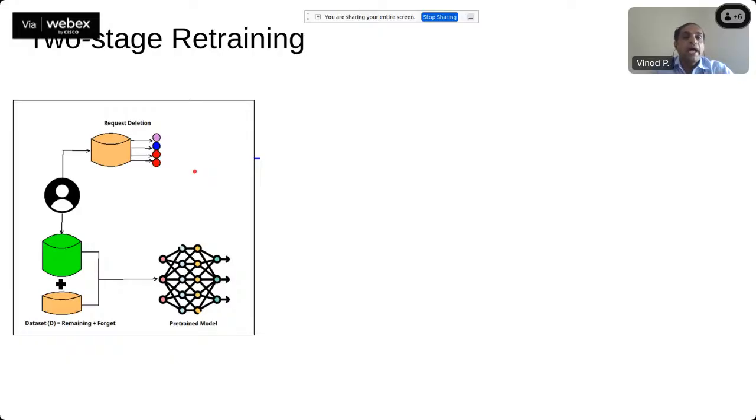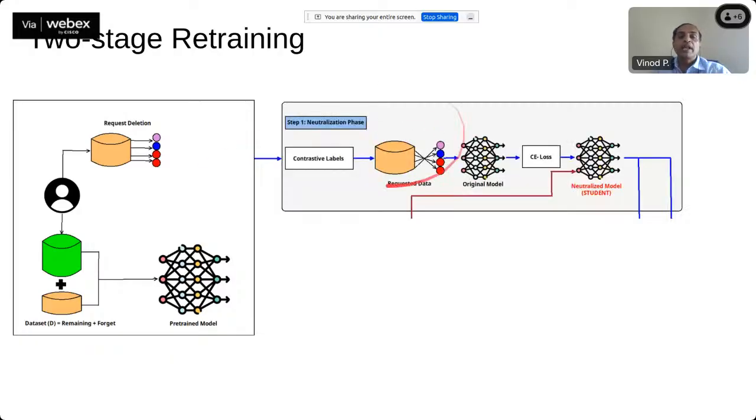So in stage 1, the objective is to create a new model which is called a neutralized model. How this neutralization is achieved is that you take the sensitive data points and you label all of them with a contrastive label. You force the data points with a new label. So the first thing we have to do is generate the contrastive label, so there should be some mechanism for generating it.